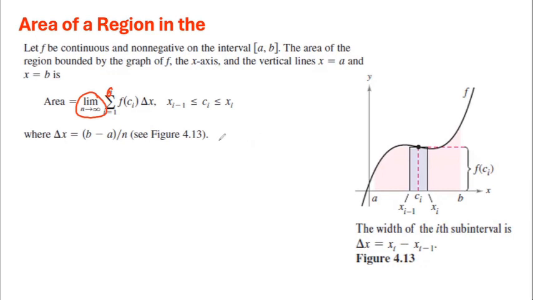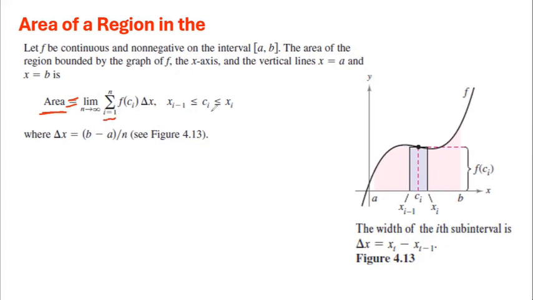So this is the great work of Riemann that really led to the fundamental theorem of calculus and definite integration. This relation is very important to do any Riemann sums question. To get the exact area, no approximation, you need to take a limit of the sum of all rectangles.